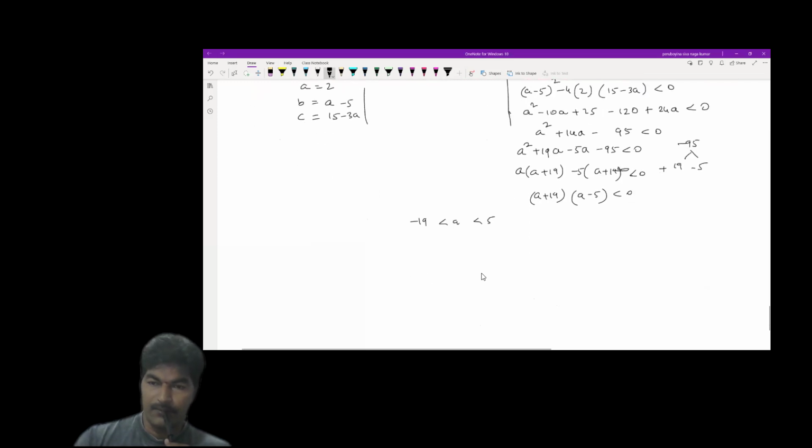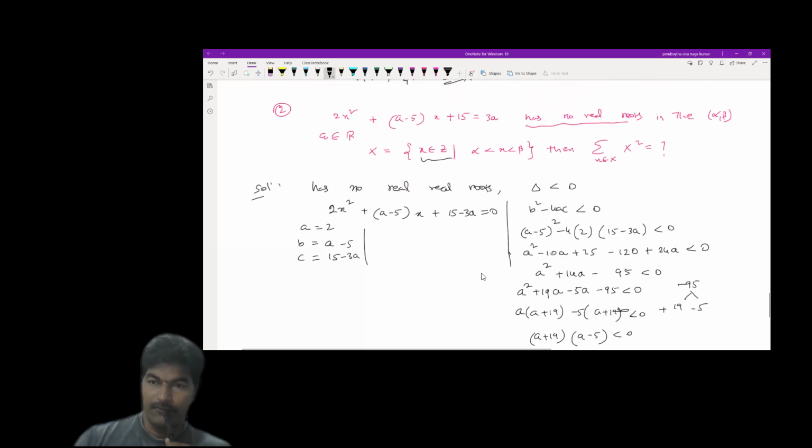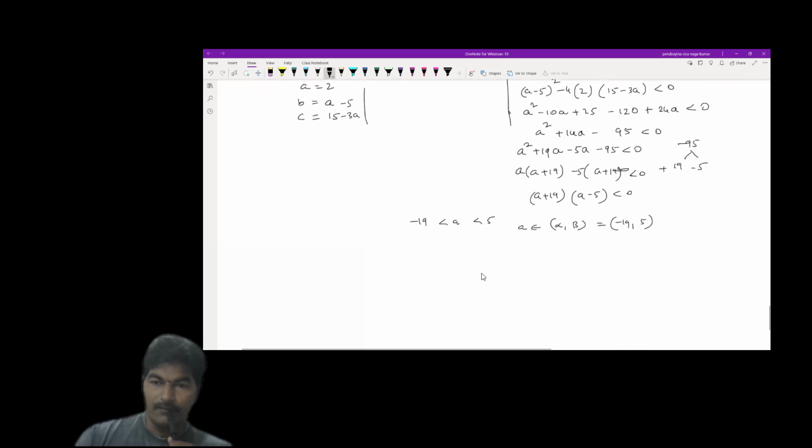That means a belongs to alpha beta, they said, that means minus 19 and 5. And also later he configured that alpha beta with x. So we are again writing minus 19 less than x less than 5.